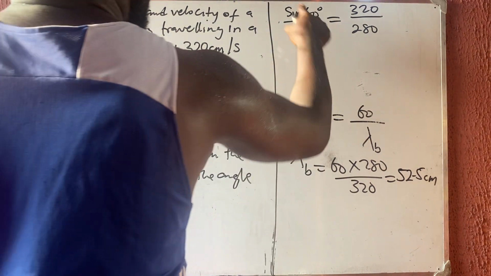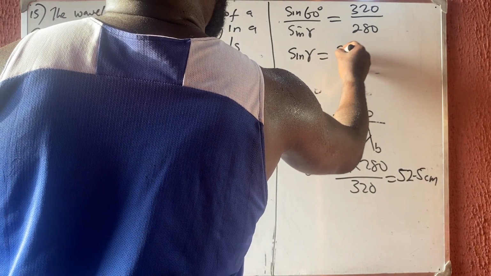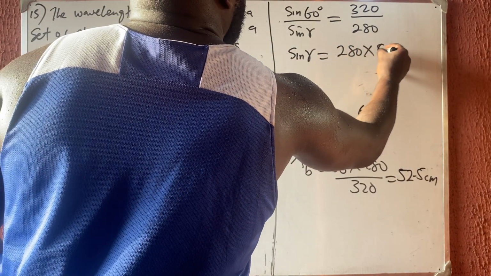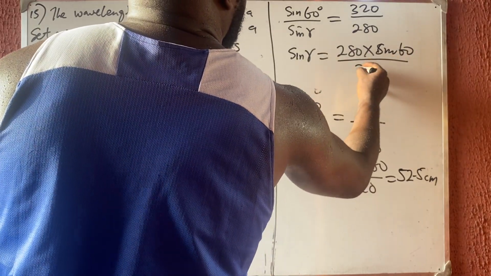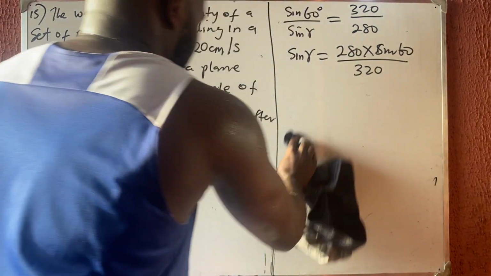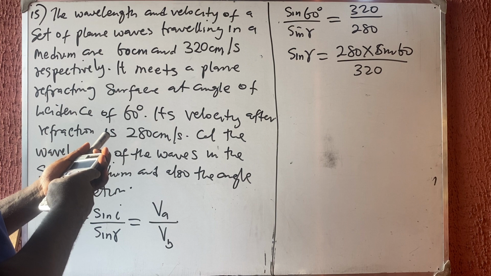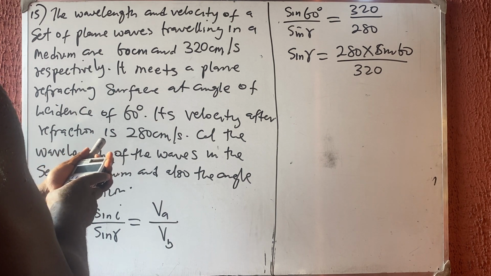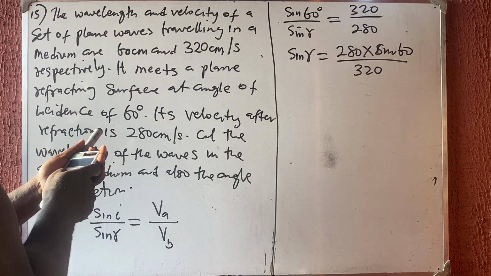If you cross multiply, your sine r will be 280 times sine 60 divided by 320. So we have 280 divided by 320 times sine 60.